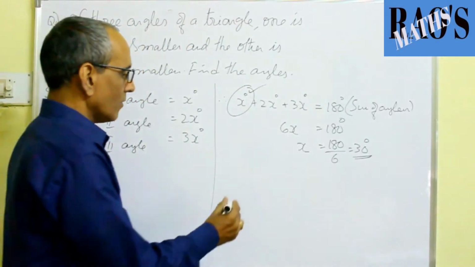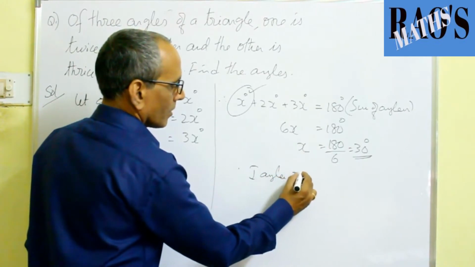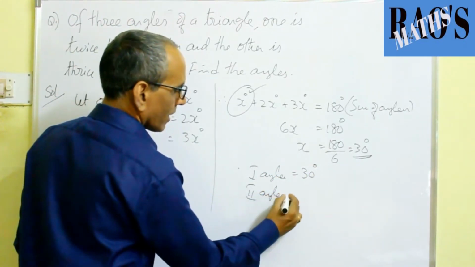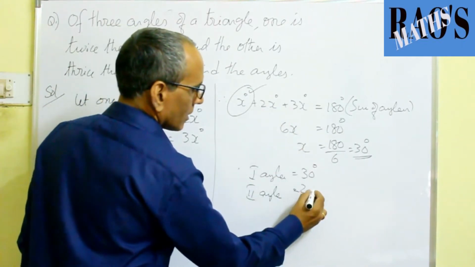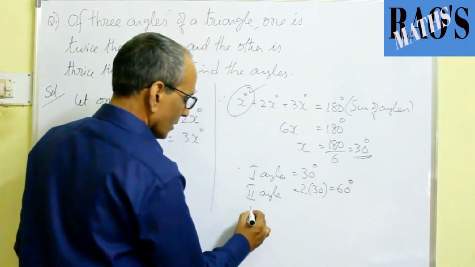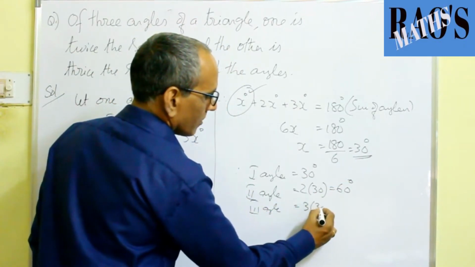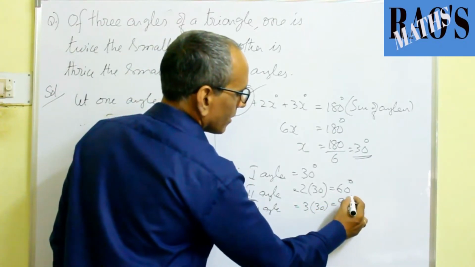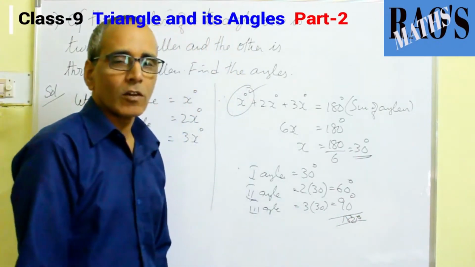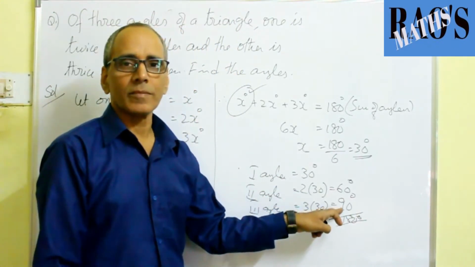Therefore, the first angle is equal to 30 degrees, the second angle, that is 2x, that is 2 of 30, which is 60 degrees, and the third angle 3 of 30, which is 90 degrees. The sum of all these is 180 degrees. And also we can comment the triangle is a right angle triangle because one of the angles is 90 degrees.